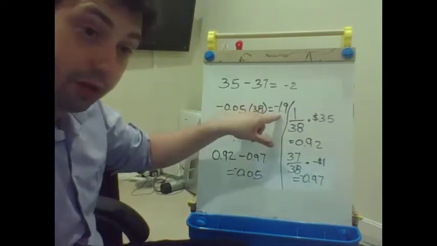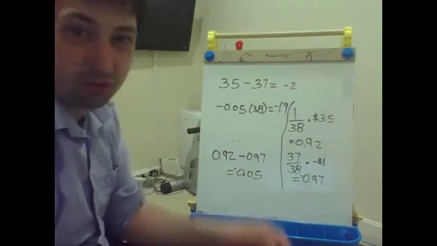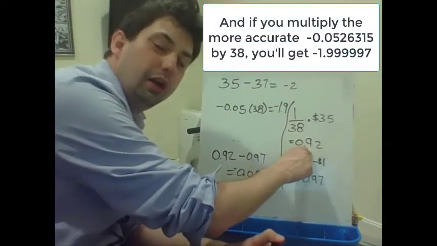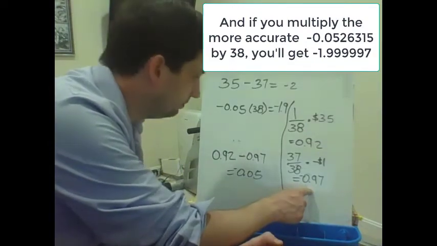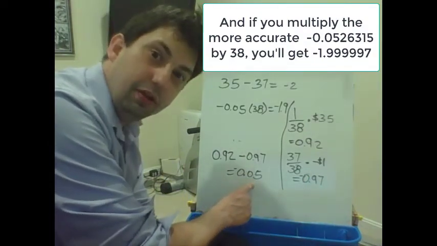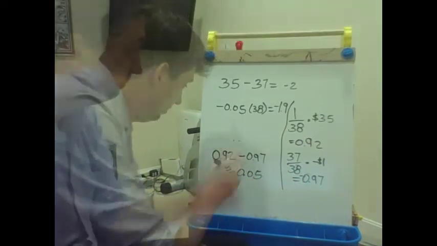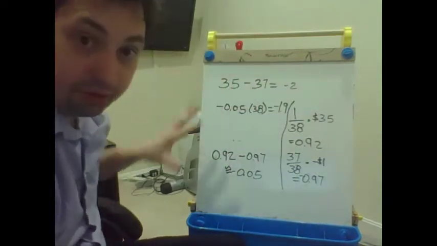Now, why is this negative 1.9 and this is 2? It's because of rounding, right? This isn't exactly 0.92. This isn't exactly 0.97. This isn't exactly 5 cents. You're losing about 5 cents. But it's exactly the same idea.